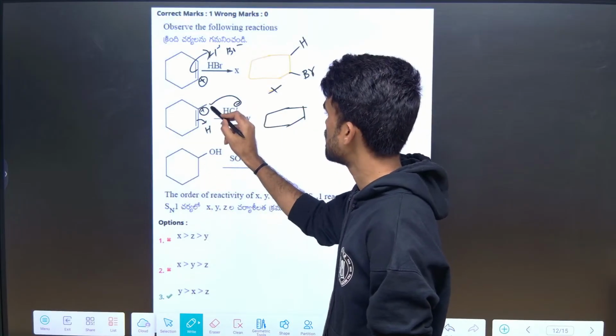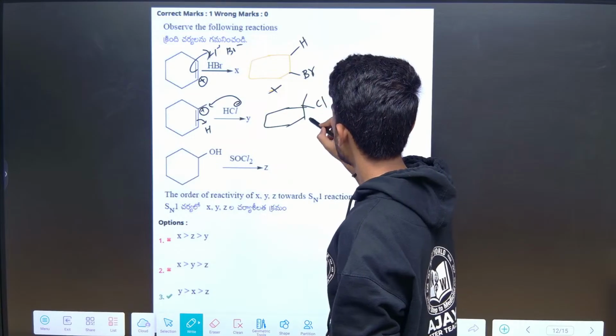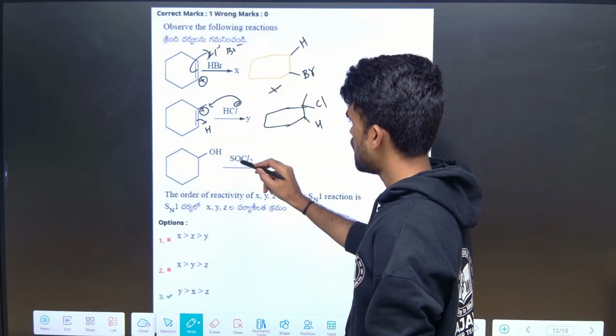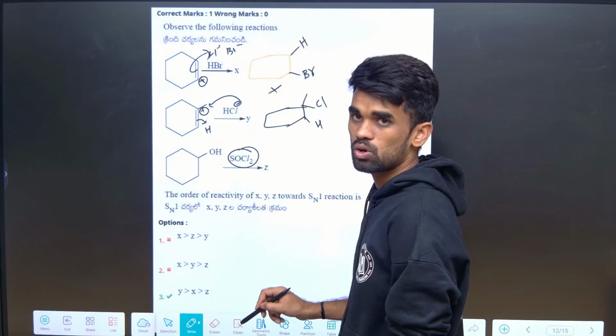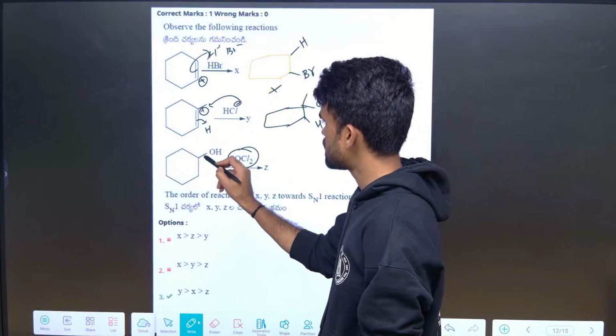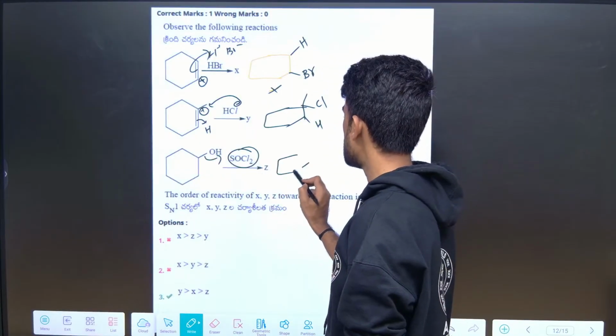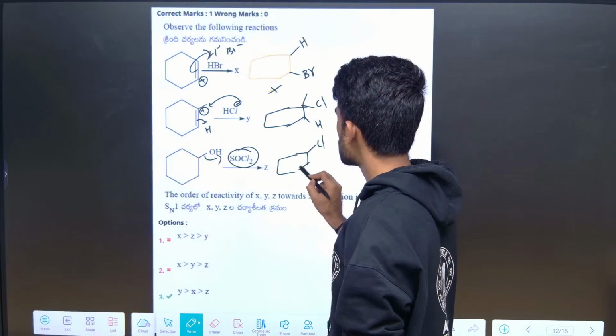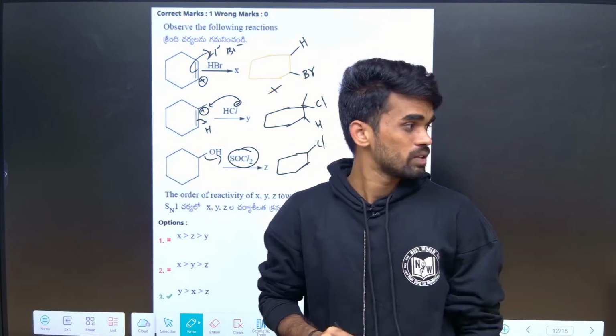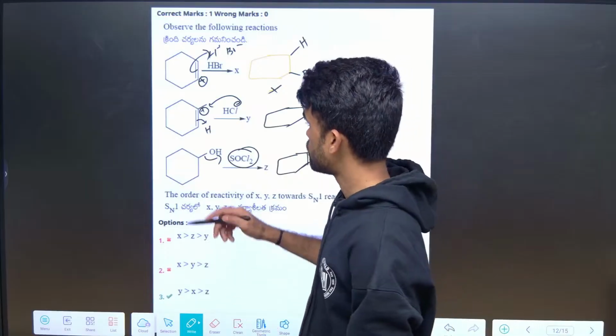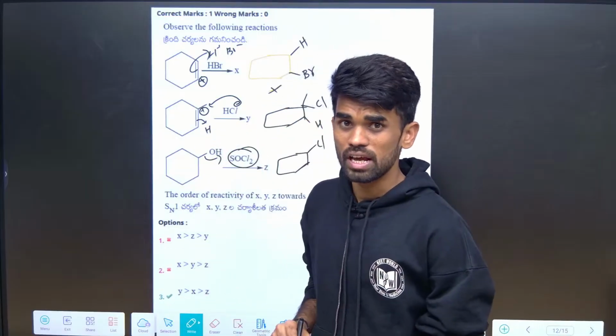Add Cl minus there. So you will have the chloride like this, okay. And when we are using thionyl chloride, just remove this OH and replace that with Cl, okay.